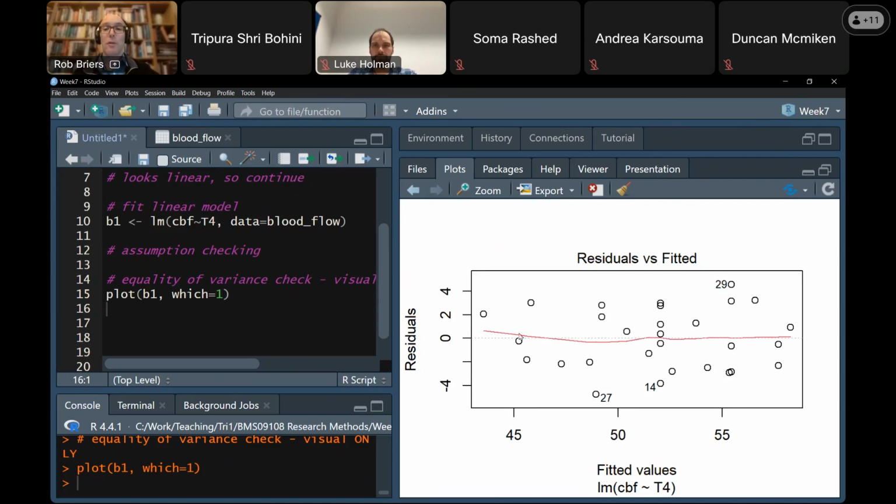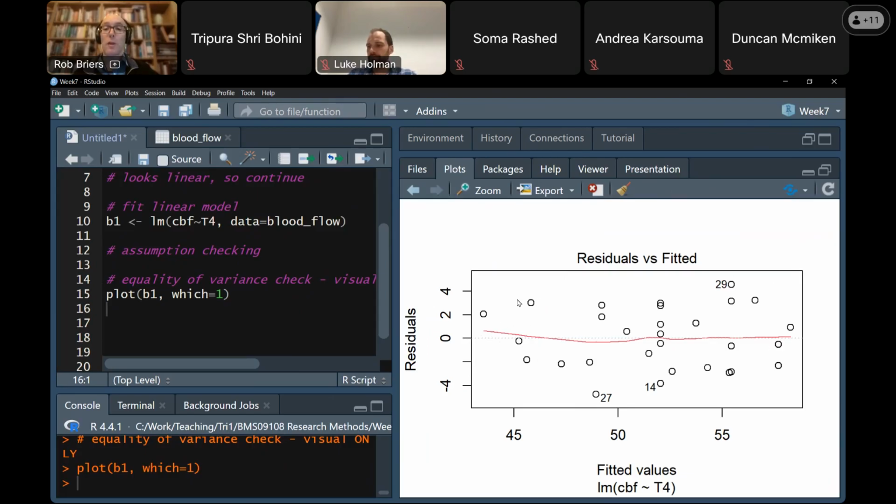Particularly commonly is that situation where we see that kind of triangle or wedge shape, where we have an increasing range of variation from left to right. So small values of our response, we get a small range of variation, and at the large values, we'd get a much wider range of variability.